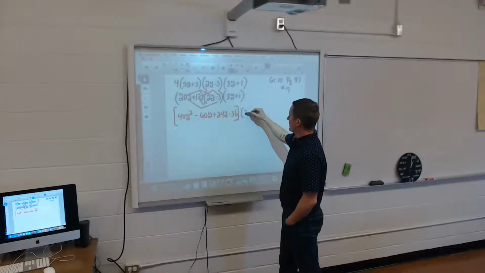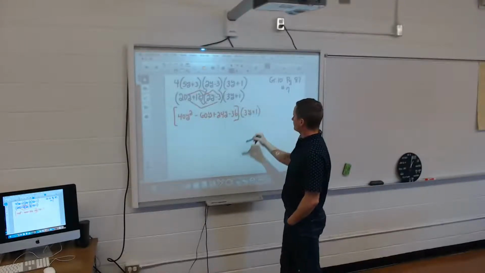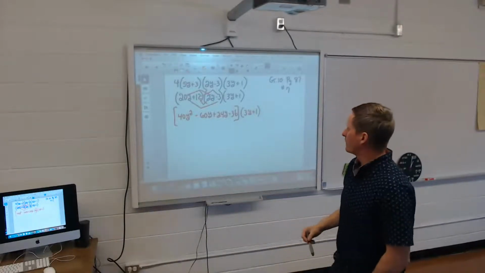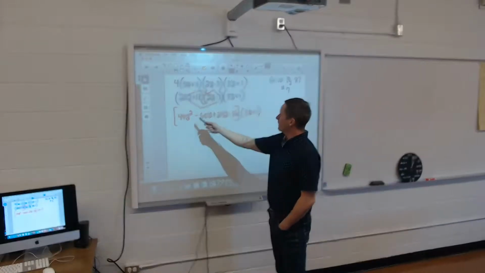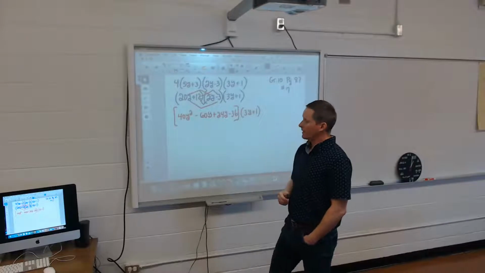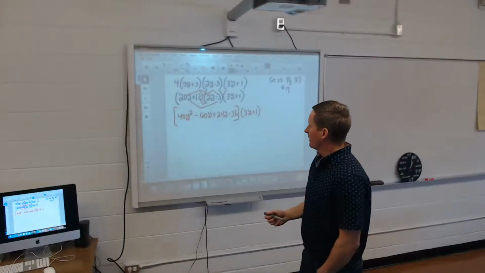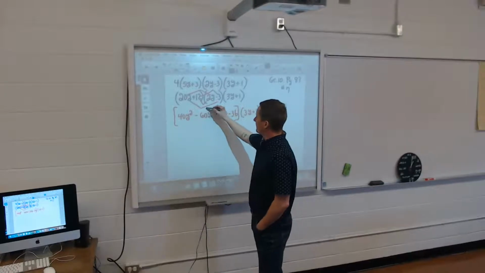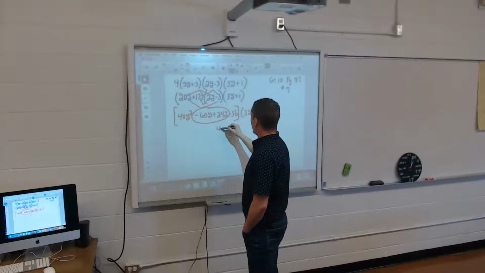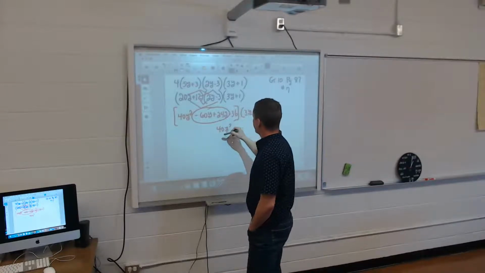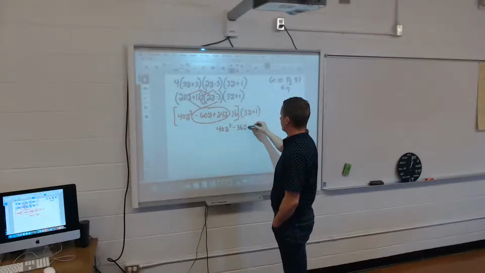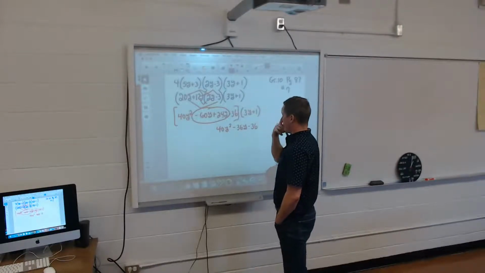And then I have that times 3y plus 1. Now, this is your own personal preference at this point. You could multiply 3y through the brackets and multiply the 1 through the brackets. Personally, I like stacking these better. So the first thing I'm going to do is simplify this right here. I'm going to get 40y squared, minus 60 add 24 is minus 36y, subtract 36.